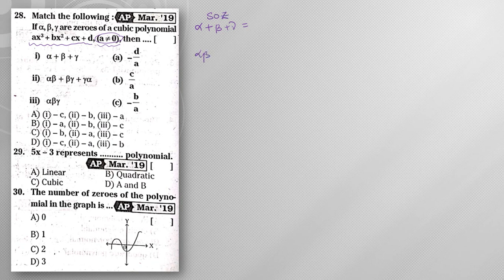Next, alpha beta plus beta gamma plus gamma alpha is nothing but called the sum of product of zeros taken 2 at a time. Right. Next, the third one is alpha into beta into gamma, which is nothing but product of zeros.